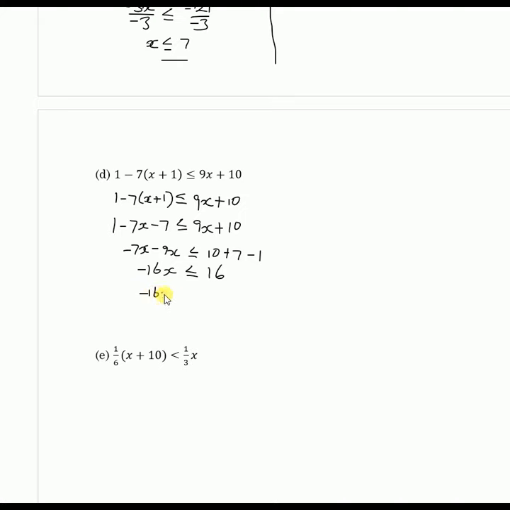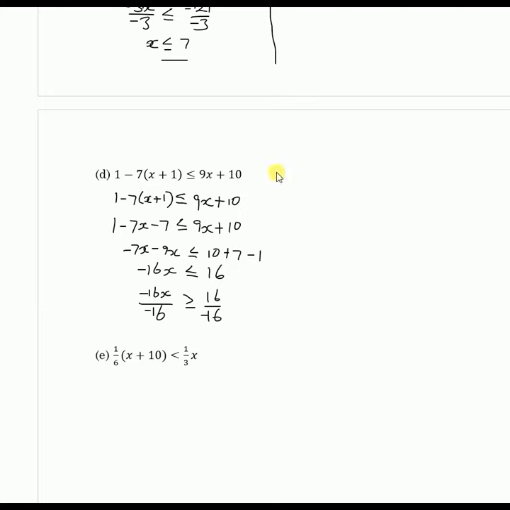So I shall have negative 16x divided by negative 16 is greater than or equal to 16 divided by negative 16. I told you the moment you divide by a negative number, I'm not just changing the inequality, I'm changing it because I'm dividing by negative 16.